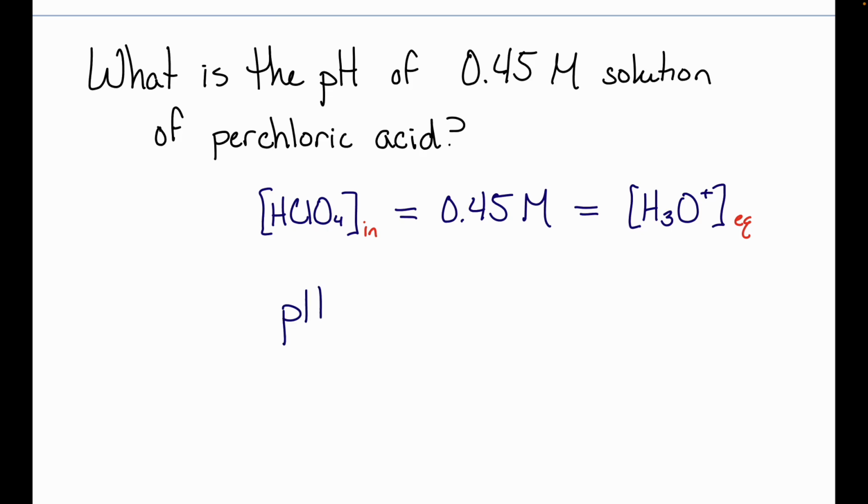And if I'm looking for the pH, I need that negative log of my hydronium ion concentration. Everybody's going to take a second, tell me what the pH of this solution is, and then you're going to report that pH to the correct number of significant figures.